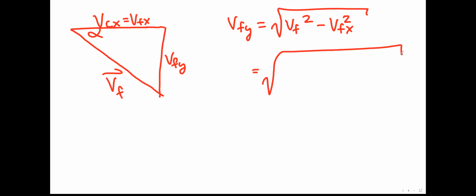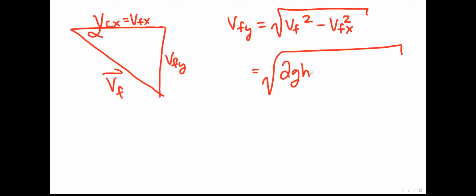You don't have the square root of the square root; you have the square root of the square root squared. So you remove the square root there, right? Yeah, you're right.